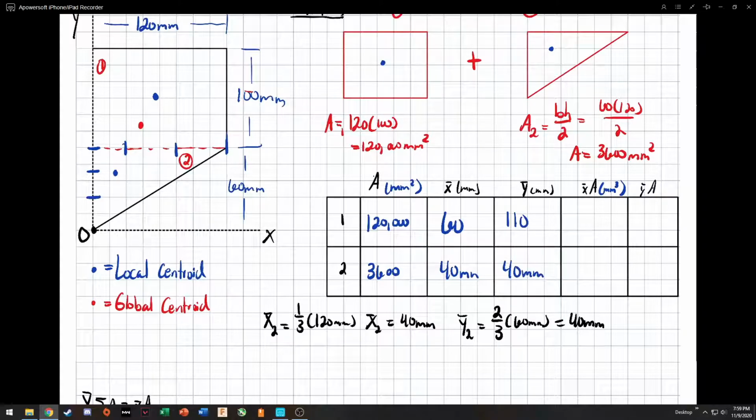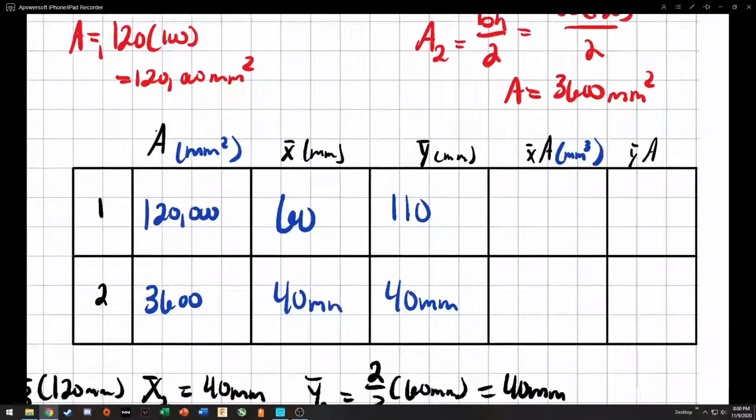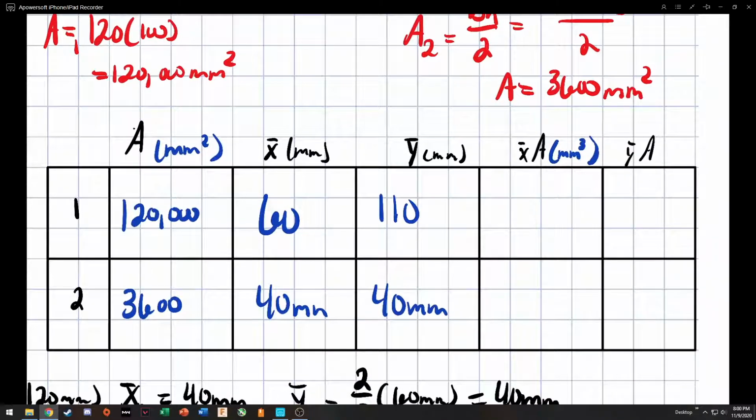Okay, now we just need to take our local x bars times our areas of each individual one. I'm going to go ahead and shorthand this, zoom in so I can write it a little bit easier for you. We're going to have our x bar times our area going to be 7.2 times 10 to the 5th. Now note right here, it's going to be millimeters cubed because you're going to have millimeters times a millimeter squared.